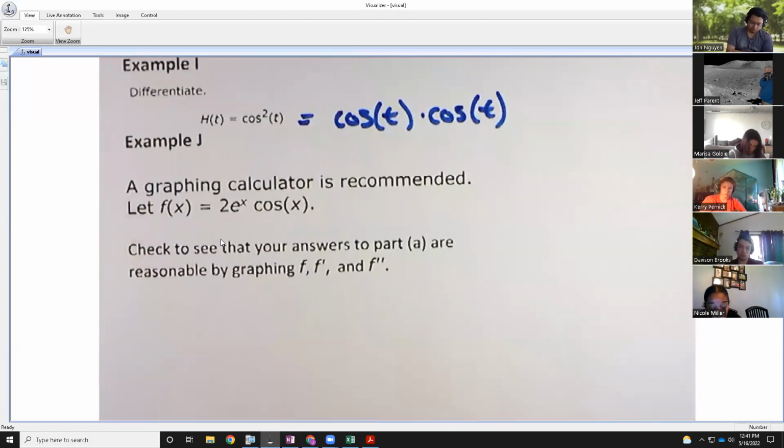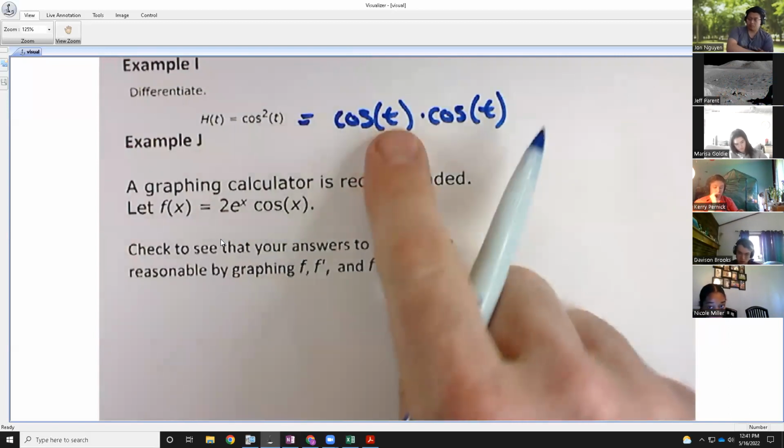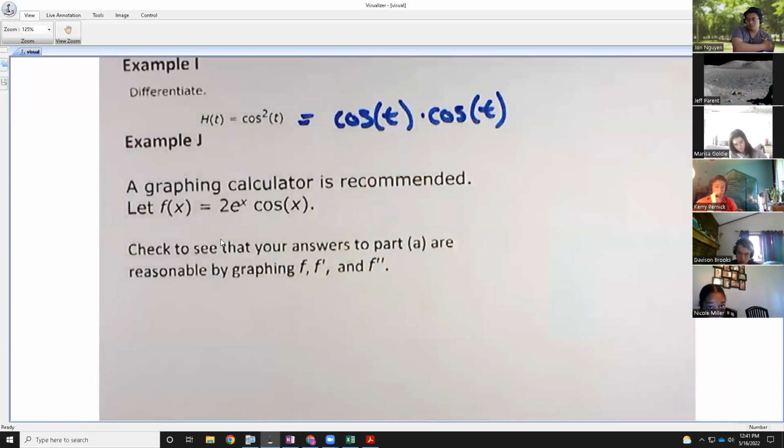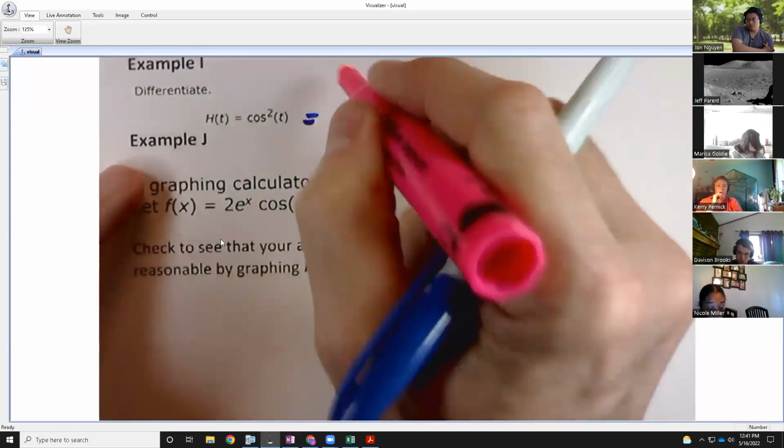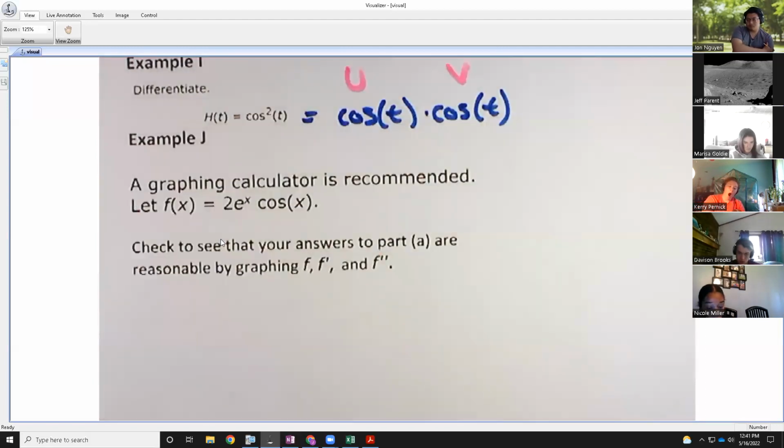Eventually, we'll learn some tricks to do this in a different way. But when you square something, Rohan, you're really just multiplying it by itself. So I can write it like this, and then you can use the product rule to finish differentiating this.